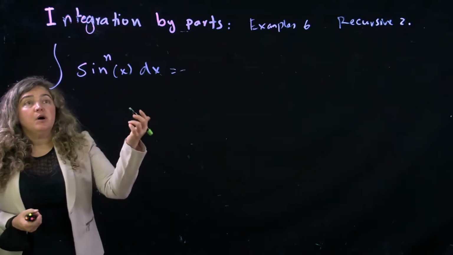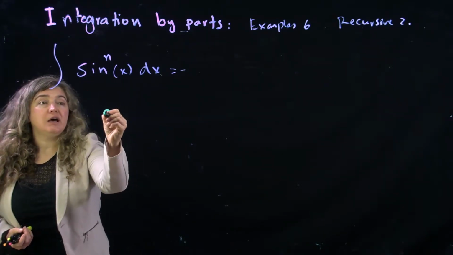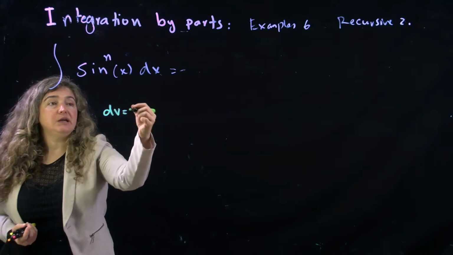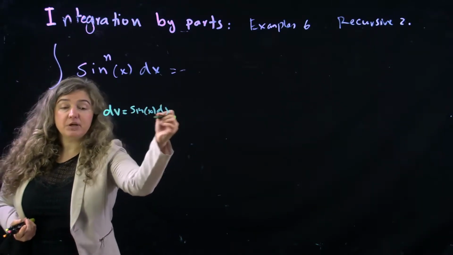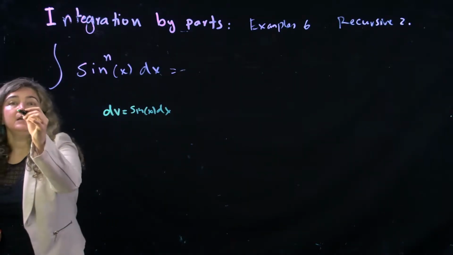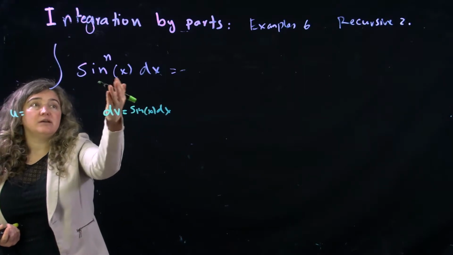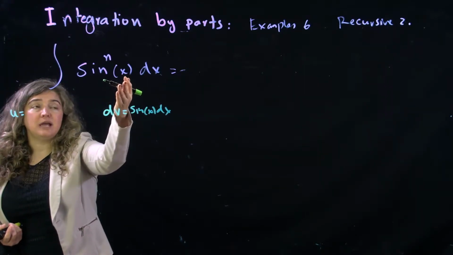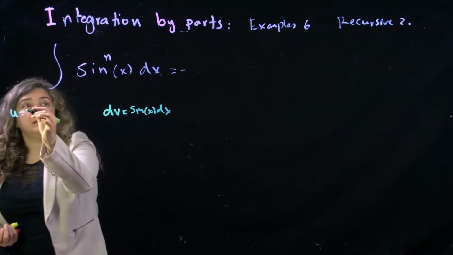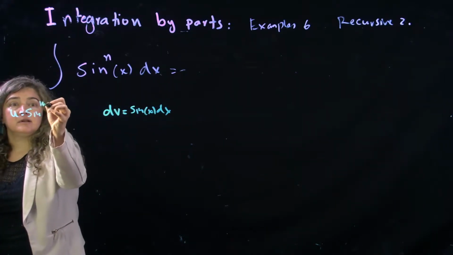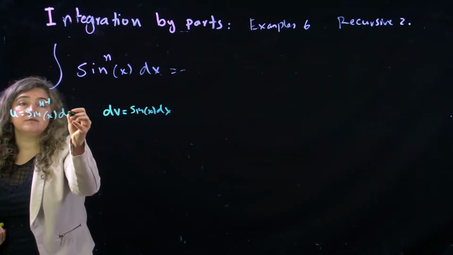A lot of times we're going to tell you to use the other methods, but knowing this formula is also useful. So shooting in the dark, I'm going to choose dv to be sine of x dx, because I know how to take the antiderivative of that, and u to be whatever is left over, which is sine of x to the power n divided by sine of x, one less power.